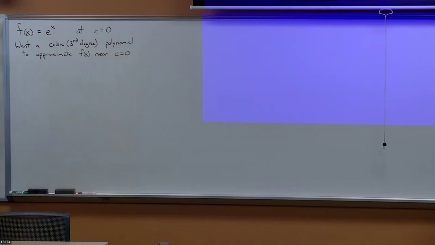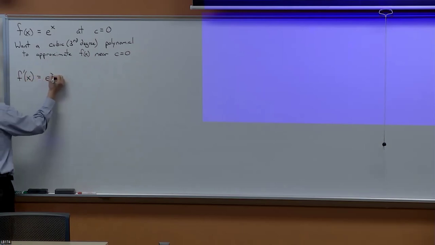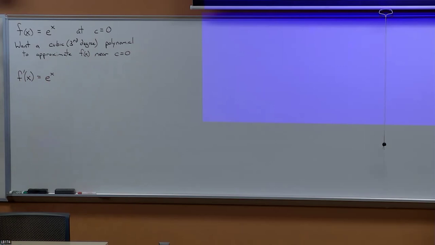So I want my third degree polynomial to approximate the function near 0. Since I know it's going to be third degree, I'm going to take derivatives of e to the x. Now, the nice thing about e to the x is that when I take a derivative, I get back e to the x.